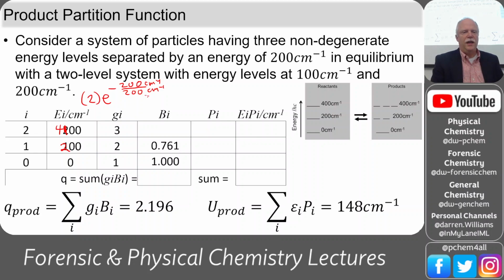So that's e to the minus 1 times 2, which gives us the 0.761. So that's this number right there. And then the 0.35 is 3 times e to the minus 2, that's 400 over 200. So that's this Boltzmann factor. We add up all of those Boltzmann factors and we get the partition function of 2.196.